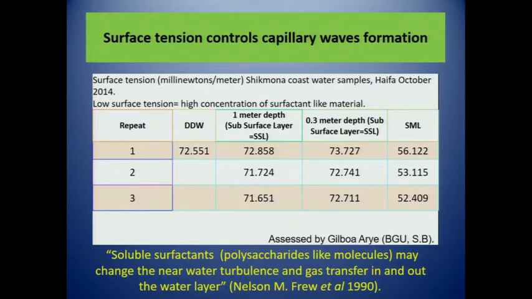The SSL, subsurface layer, is all the same, even at 30 centimeters. It's the same surface tension. But it drops in the sea surface microlayer due to the fact that there are certain surfactants in enrichment in it.